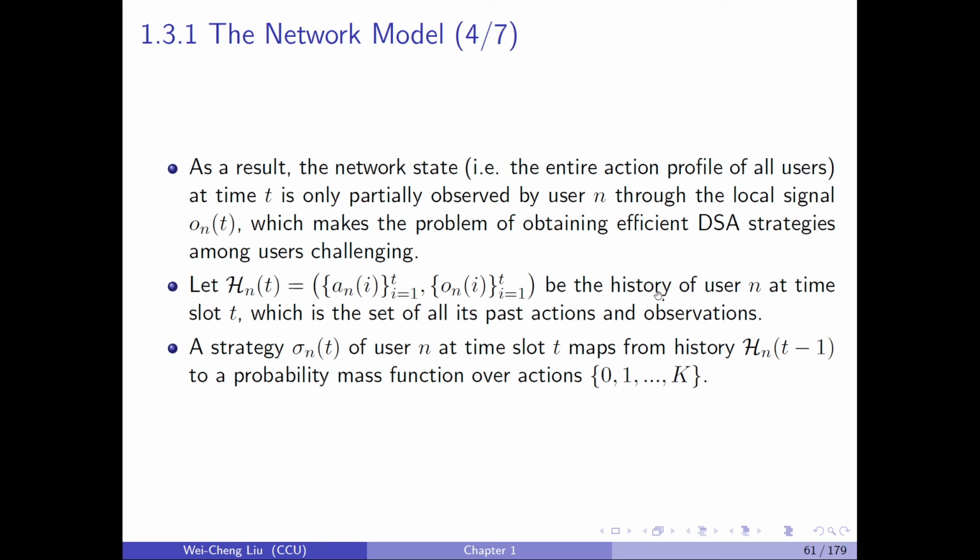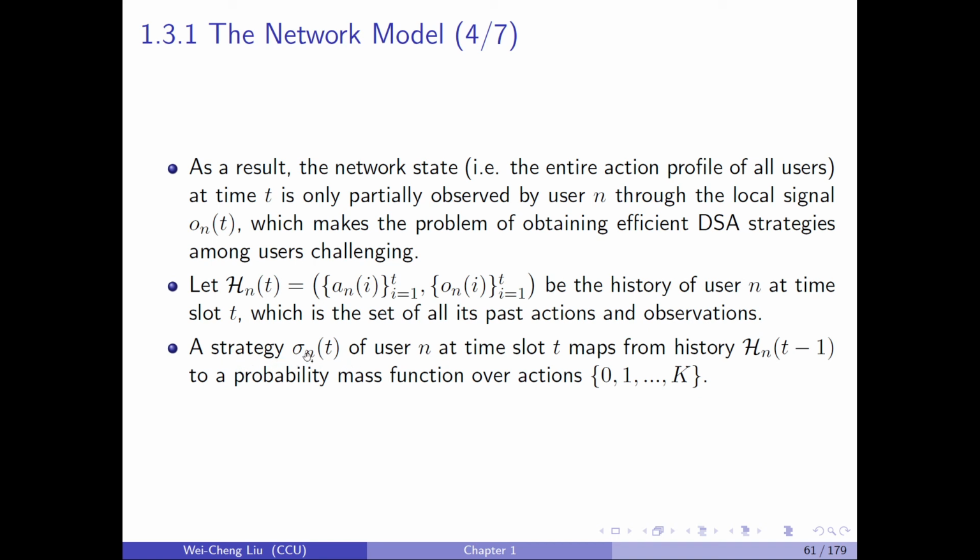H_n(t) is the history of user n at time slot t, which is the set of all its past actions and observations. Because it is the history, we use the letter H to denote it. And A_n(i) is the past actions, and O_n(i) is the past observations.